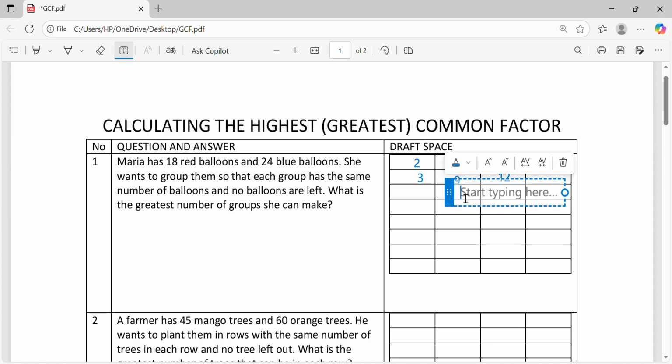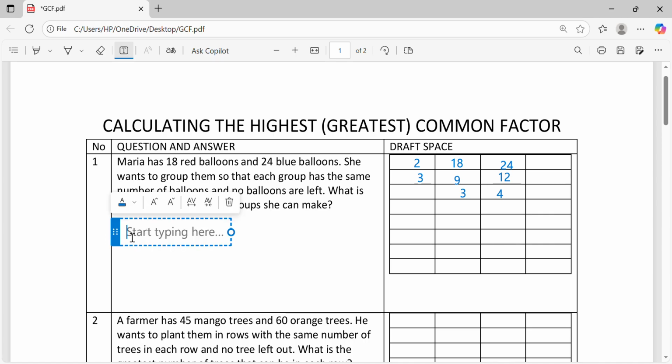So 9 divided by 3 equals 3, and 12 divided by 3, you get 4. Then here, we have no other factor that can divide both 3 and 4. Immediately, we have to stop here.